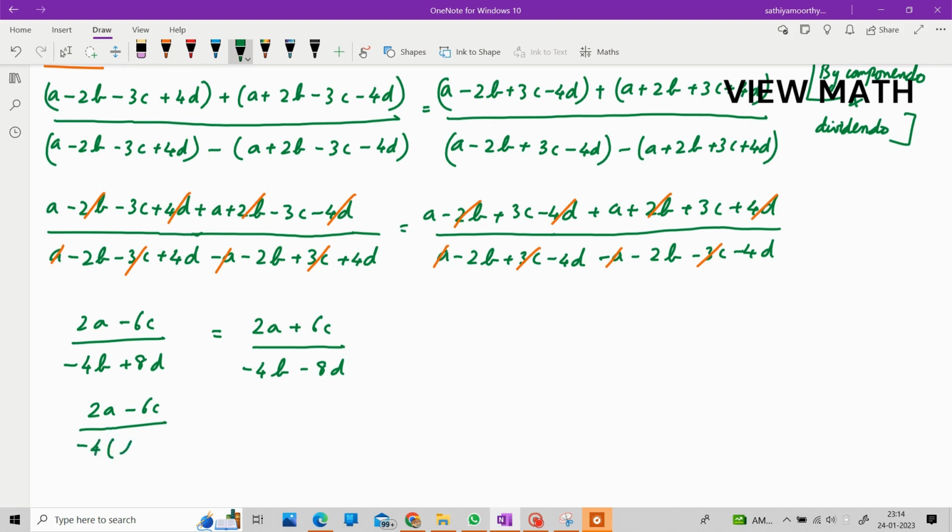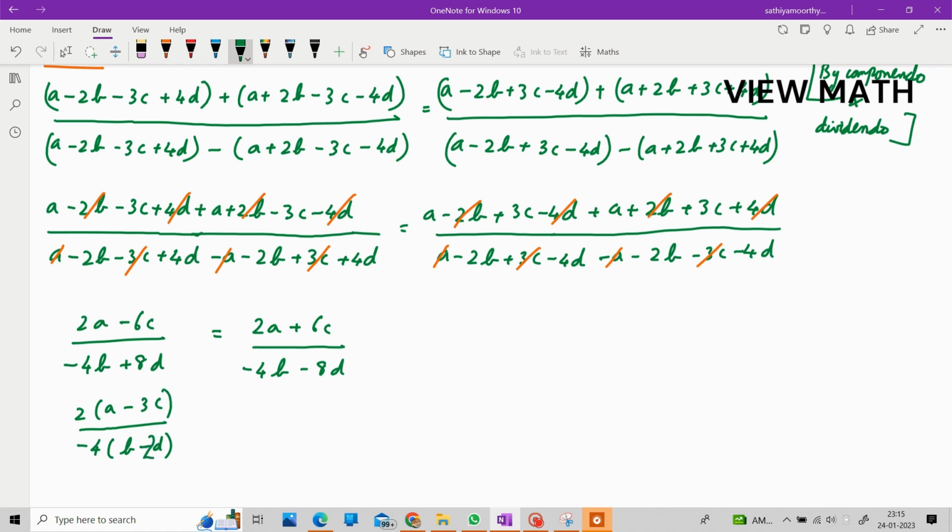I get b minus d. Similarly in the numerator I can take 2 outside. So I'll be getting 2, if I take it outside I get a minus 3c. So in the denominator I have taken minus 4 outside, I get b minus 2d.